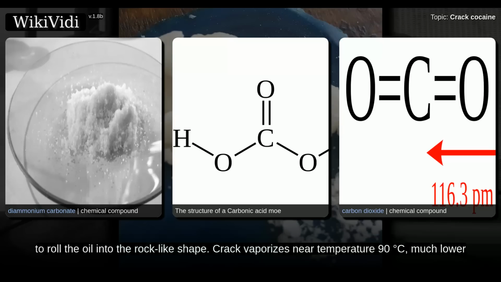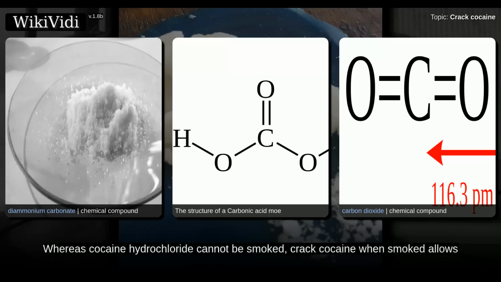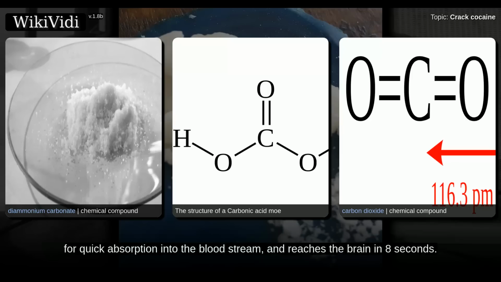Crack vaporizes near a temperature of 90 degrees Celsius, much lower than the cocaine hydrochloride melting point of 190 degrees Celsius. Whereas cocaine hydrochloride cannot be smoked, crack cocaine when smoked allows for quick absorption into the bloodstream, and reaches the brain in 8 seconds.